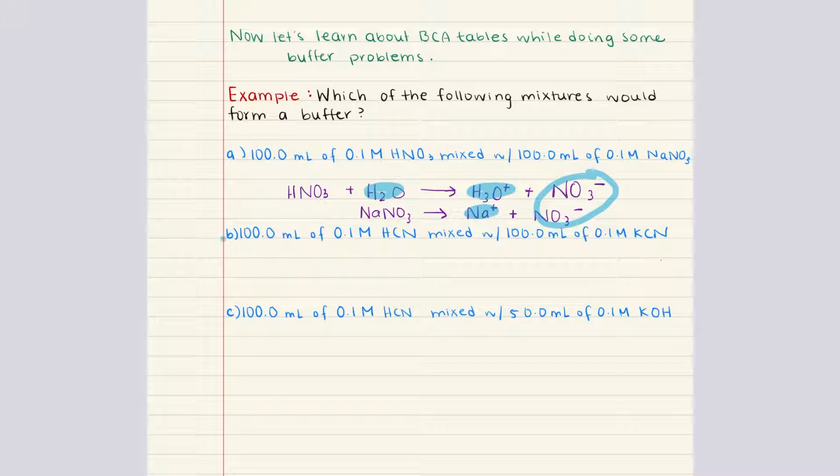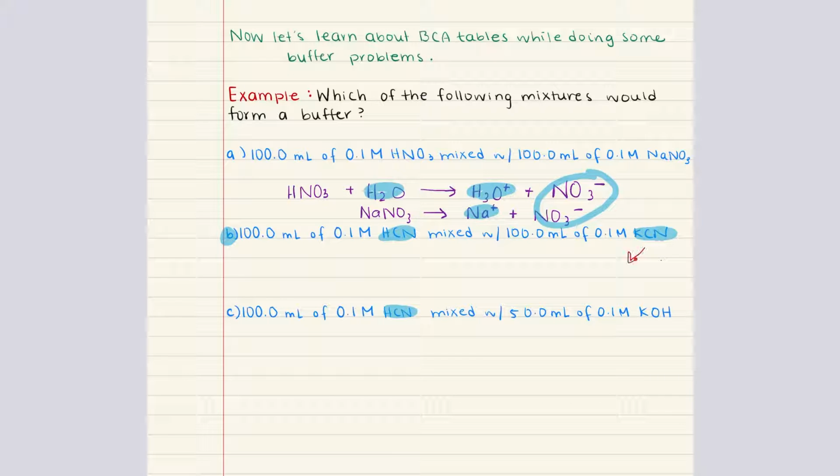Let's apply the same logic to part B. In part B, we have 100 milliliters of 0.1 molar hydrogen cyanide mixed with 100 milliliters of 0.1 molar potassium cyanide. In this solution, hydrogen cyanide is a weak acid, and potassium cyanide is a soluble salt, a soluble salt that is going to completely dissociate in solution.